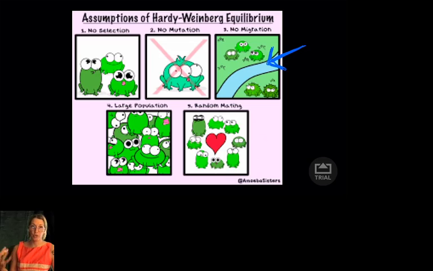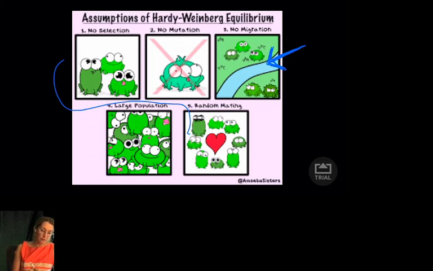If you have one interbreeding gene pool and you introduce new alleles, or you introduce individuals that are carrying different alleles, that can change the genotypic frequency, right? And you've got to have a large interbreeding population, and the individuals in that population don't prefer some individuals more than others. So no selection, no mutation, no migration, large population, random mating.